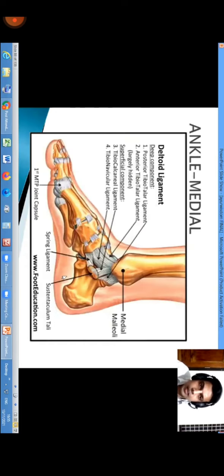And coming to the ligaments, the medial side ligaments are called deltoid ligaments: posterior tibiotalar ligament, anterior tibiotalar ligament, tibiocalcaneal ligament, tibionavicular ligament. These altogether are called deltoid ligaments.